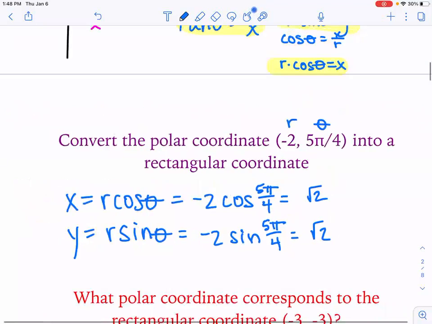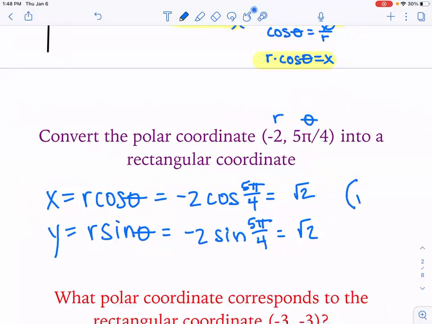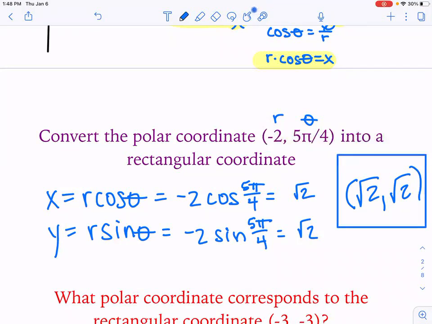So our x, y coordinate is radical 2, radical 2. If we rotate to 5 pi over 4 and go backwards 2, we would be in the first quadrant. Hey, that's where this coordinate is. Good thing.